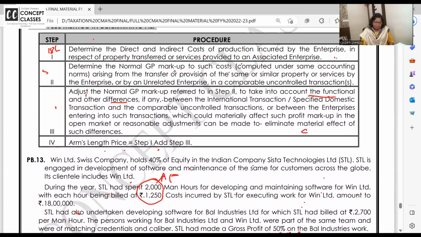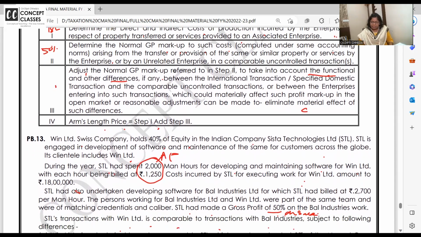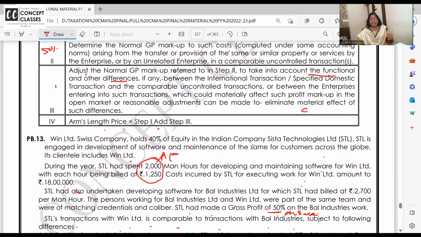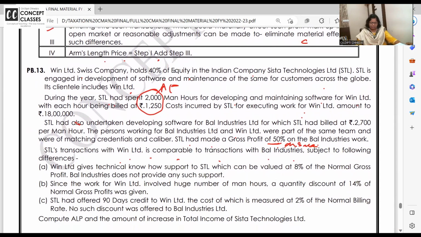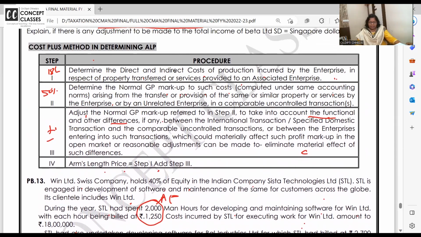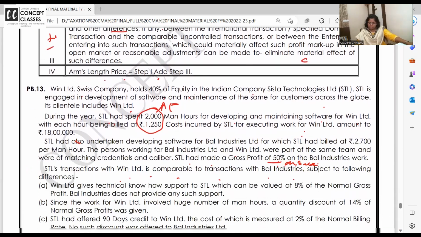What is normal GP? 50% on sales. But 50% is not comparable with others, with BAL Industries. But here with the sister concern, we may be giving some plus minus, so we will do that plus minus, then the correct margin will come. Is the flow of the problem clear? I've made you write the steps here. And now we solve this.